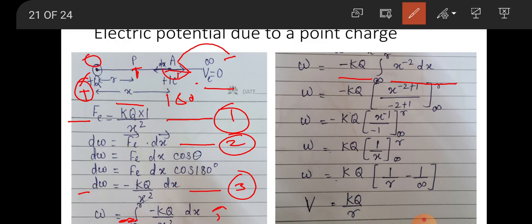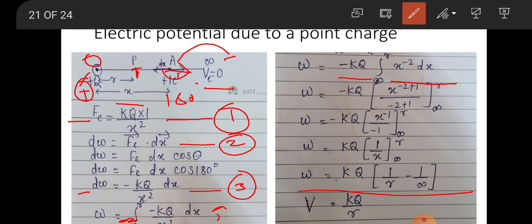On integrating, we get W is equal to minus kq times x raised to minus 2 plus 1 upon minus 2 plus 1. Then we substitute the limits. On substituting, work done is equal to kq times (1 upon r minus 1 upon infinity). 1 upon infinity is 0.